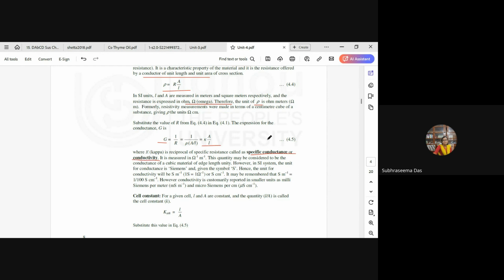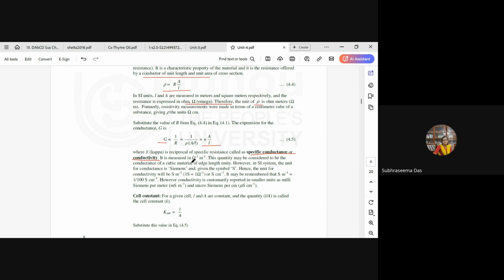Therefore the unit of kappa will always be the reciprocal of that of resistivity, rho. Hence the unit is ohm inverse meter inverse.